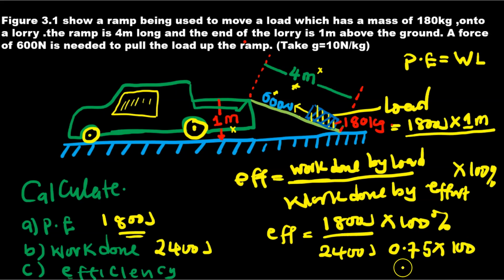So after multiplying, you are going to have 75% as the efficiency of the system.